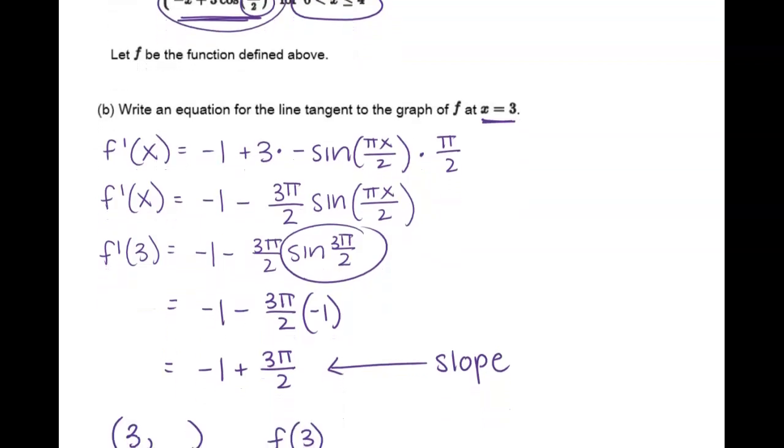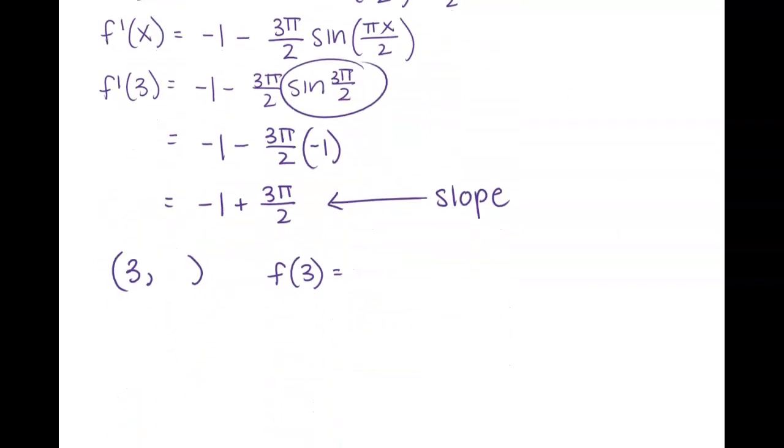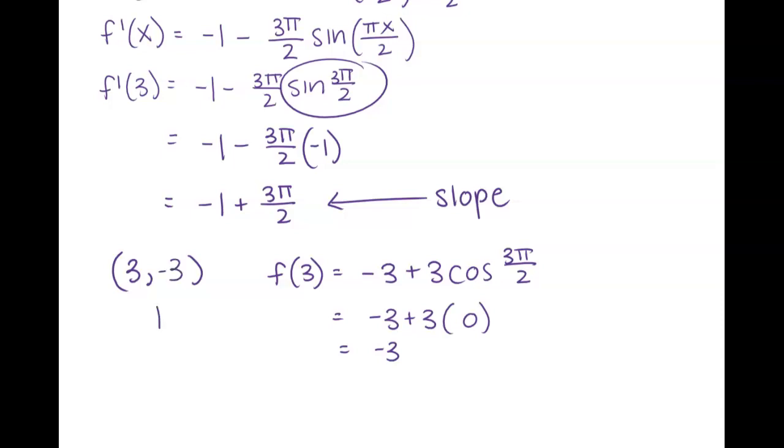So if we plug in there, f of 3 is -3 plus 3 cosine of 3 pi over 2. -3 plus 3 times the cosine of 3 pi over 2 is 0. So our y value is -3. So our point is then 3, -3.